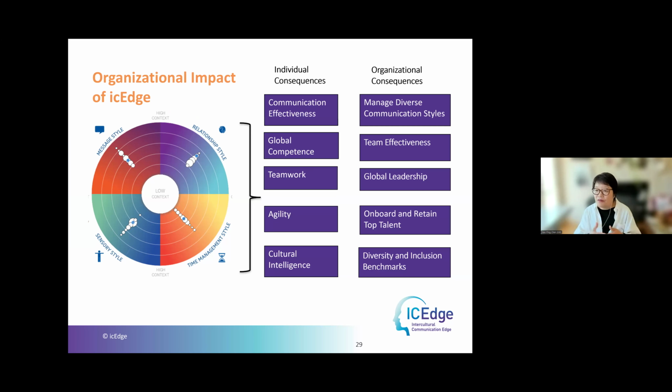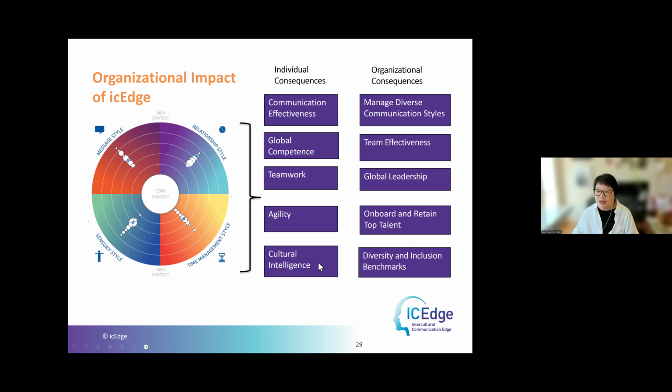So this is a summary, our conceptualization of the communication style profile and discussion, which would help at the individual level to increase communication effectiveness, global competence, teamwork effectiveness, agility, and cultural intelligence. Some of the consequences we actually tested in our research, and some are still waiting for testing.